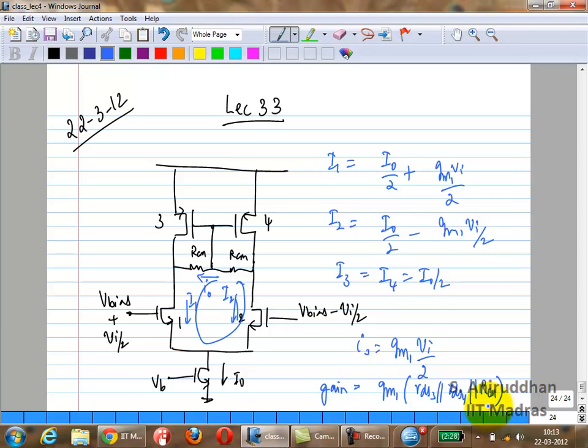So the actual gain, the differential gain, differential input, differential output, is GM1 times RDS3 parallel RDS4 parallel RCM. In other words, your RCM is definitely going to try to bring down your DC gain.